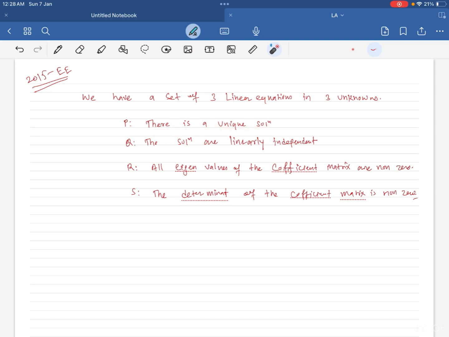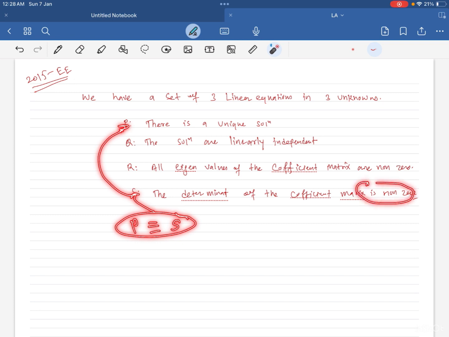Basically, here you have to see that the first point is that the determinant of the coefficient matrix is non-zero. If it is non-zero, then we can say that P will be equivalent to S. If the determinant of a square matrix is non-zero, then there would be a unique solution.